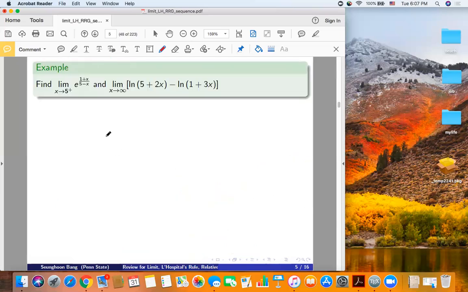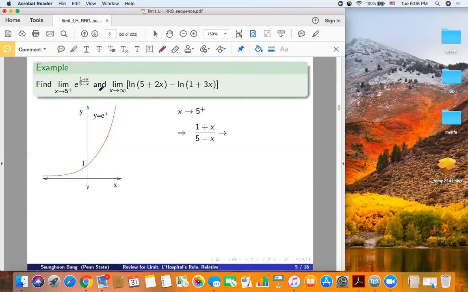So we try to solve this problem. The first one, here, I'm going to use the graph of e to the x. The first one, x approaches 5 from the right. What happens to the exponent, 1 plus x over 5 minus x?